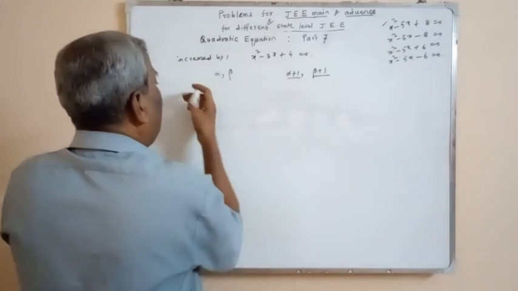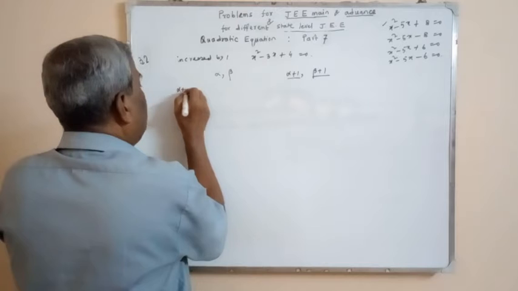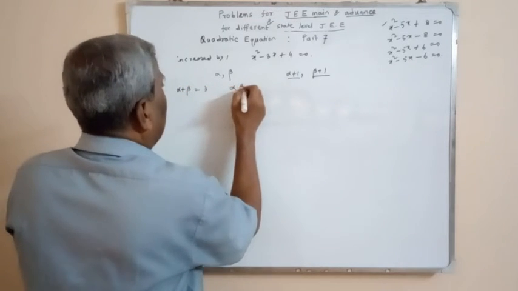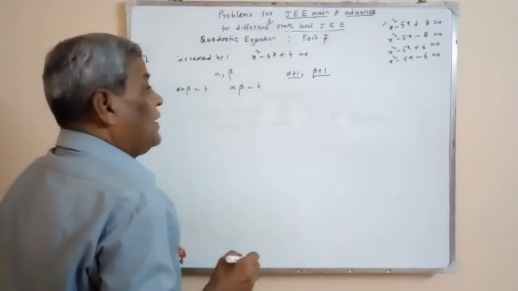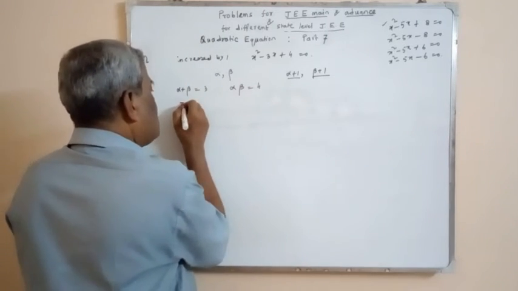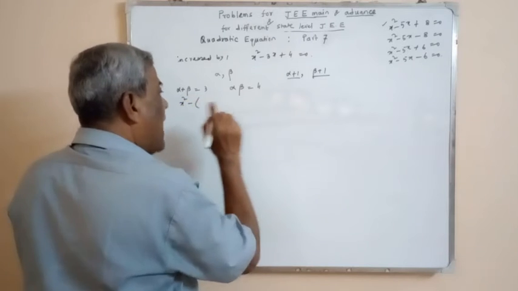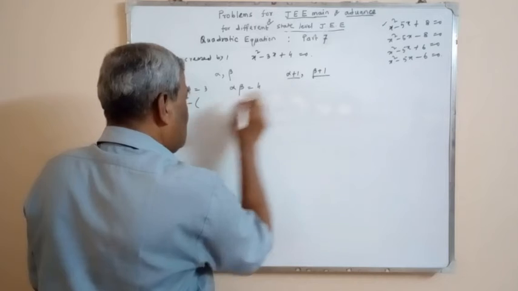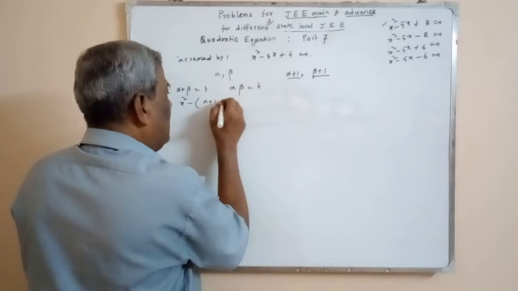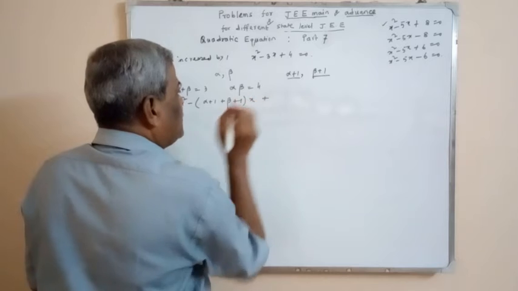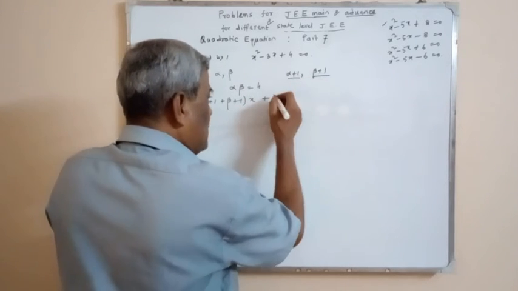Therefore, alpha plus beta is equal to 3 and alpha beta is equal to 4. So our required equation is x square minus sum of the roots. Now the roots are alpha plus 1, beta plus 1, so alpha plus 1 plus beta plus 1 into x plus product of the roots.